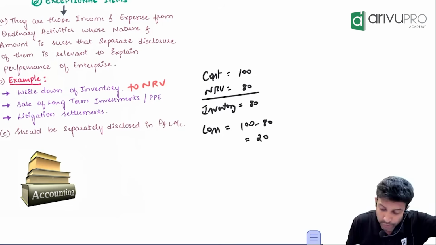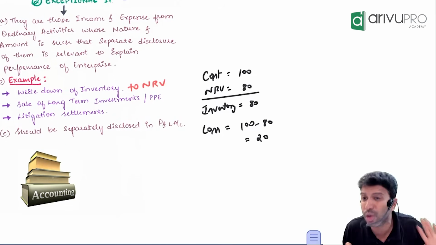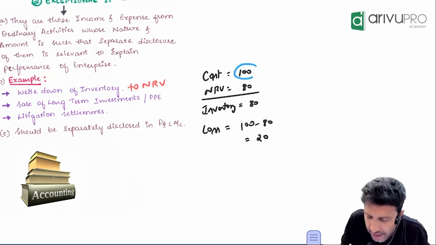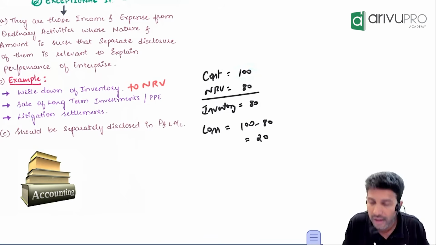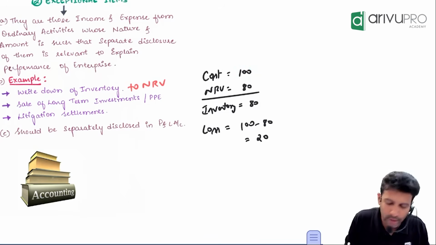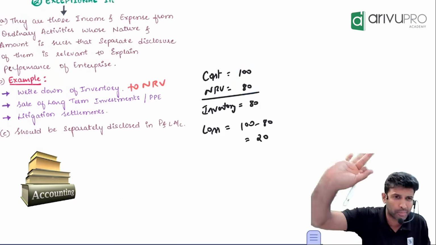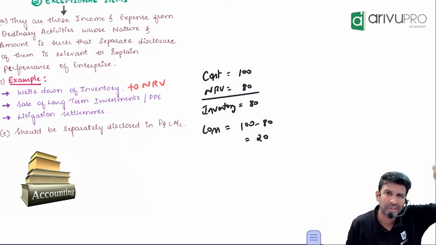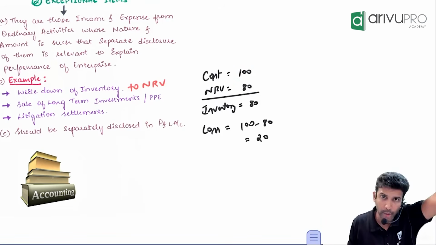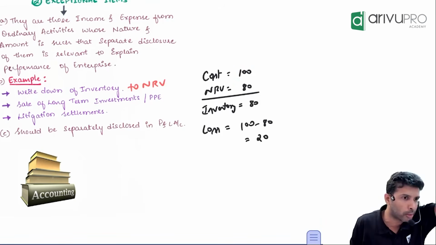If the value of goods is reducing, you purchased it at 100 but its value is only 80, is this a good sign or a bad sign? You are purchasing it at 100, but the selling price is only expected to be 80. That means there is some problem in the business. It could be an economic problem or a business problem.